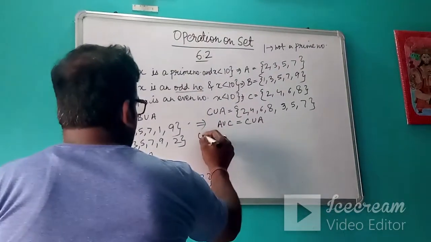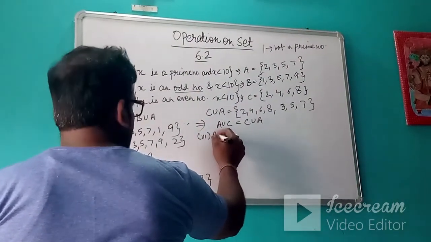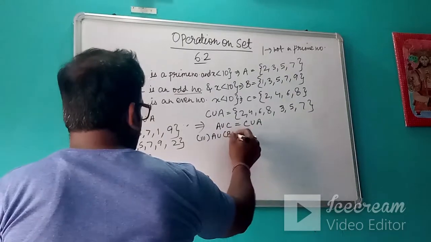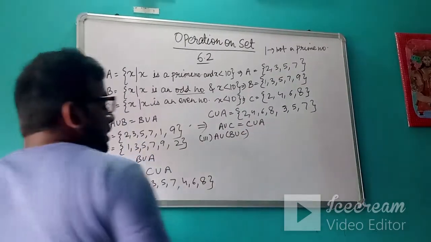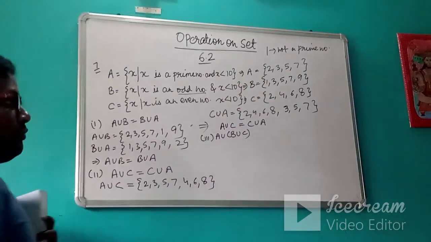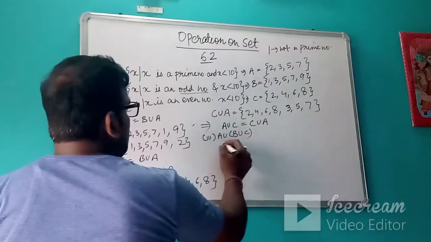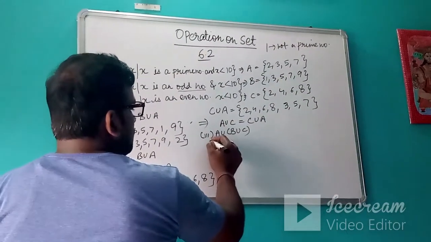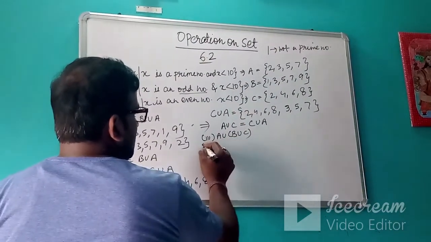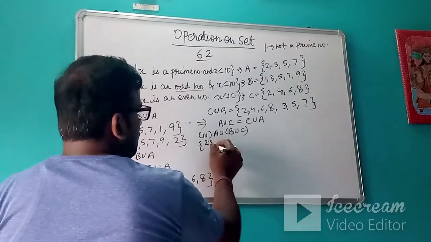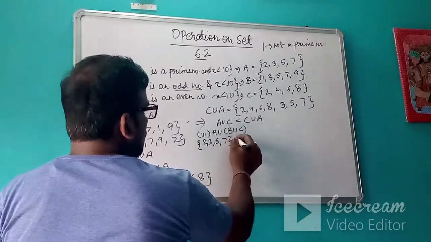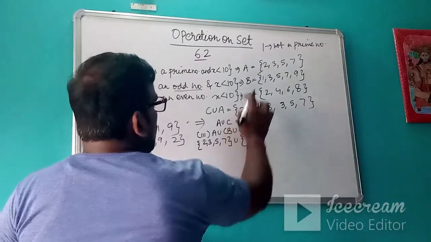Then the third one is we have to calculate A union B union C. In these types of questions, first we will calculate B union C. Our A set is 2, 3, 5, 7. And what is your B union C?